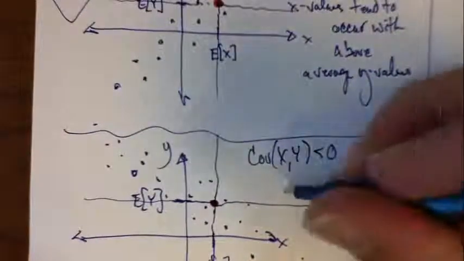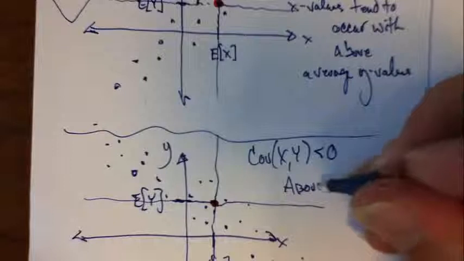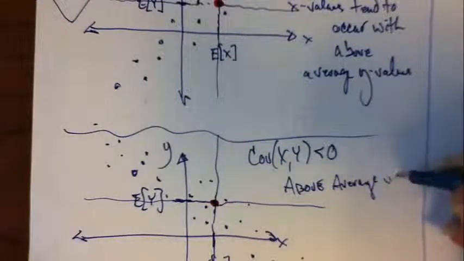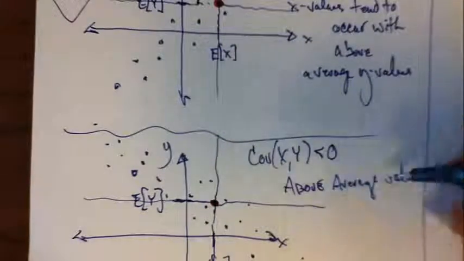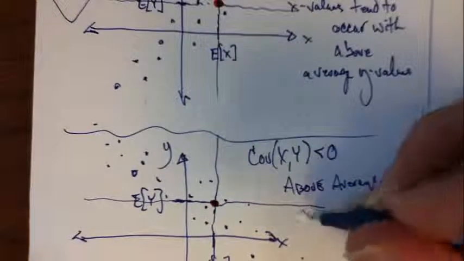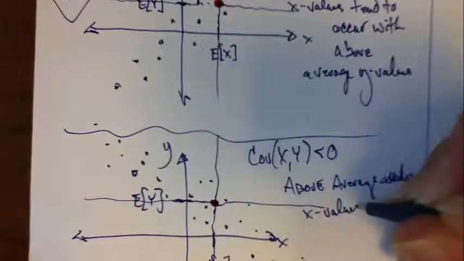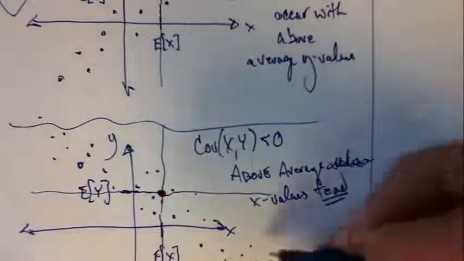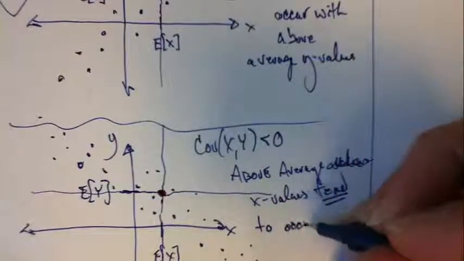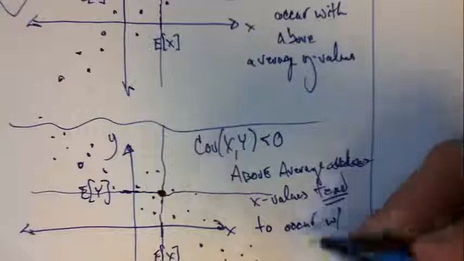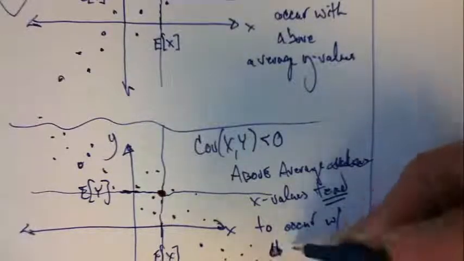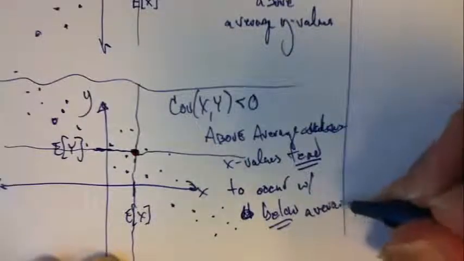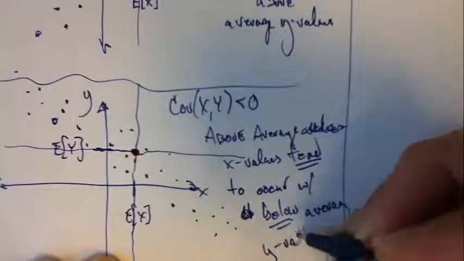It's because above average x values tend to occur alongside below average y values.